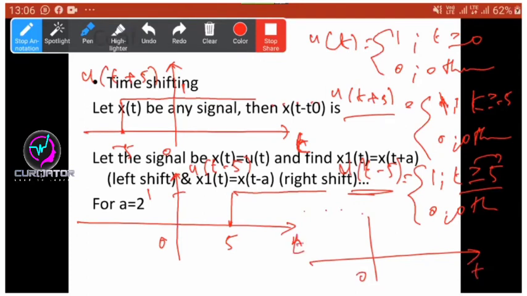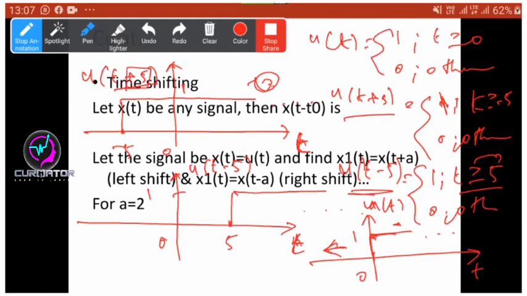Actual u of t will be like this: 0, this is t, sorry again I made a mistake, this is t, u of t. This is actual u of t, and the plus 5 time shifted version of u of t is this. u of t got shifted 5 units in this direction for u of t plus 5.